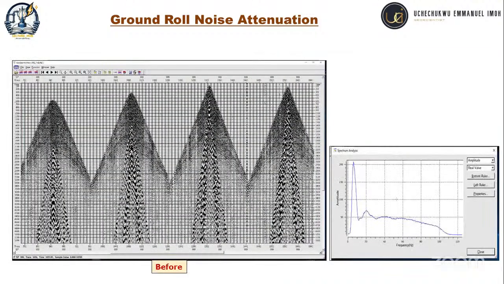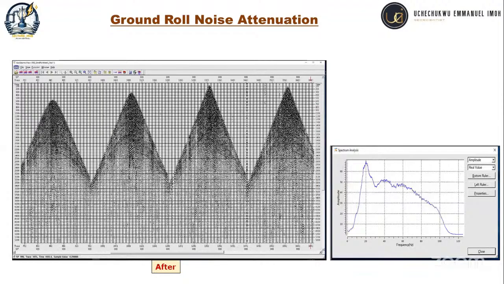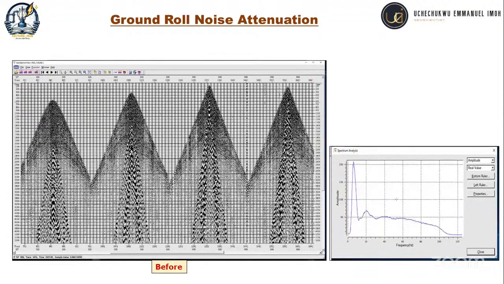So for your ground roll attenuation, I told you they are low velocity, low frequency, high amplitude. You can see them standing out firm in front of your data with their high amplitude, looking like an isosceles triangle in the middle of your data. When you attenuate them, they are off, and the frequency spectrum on the right is boosted.